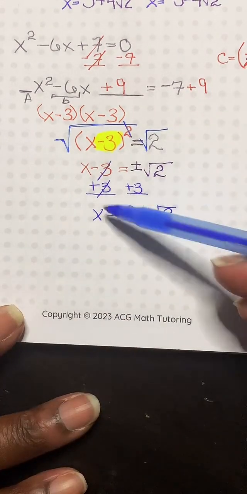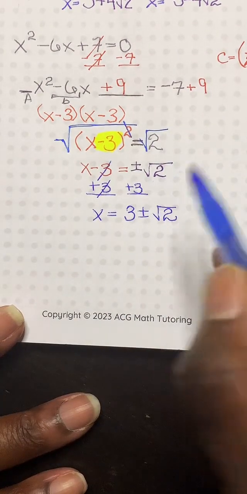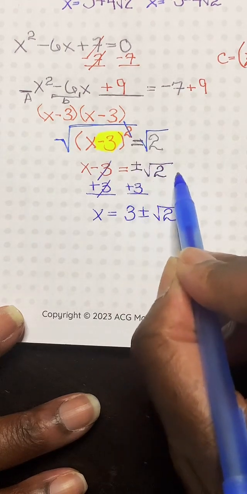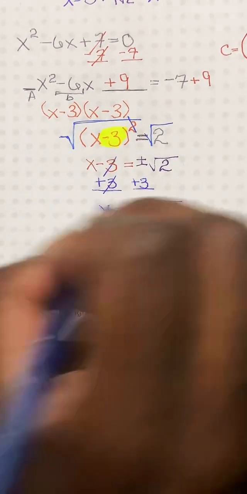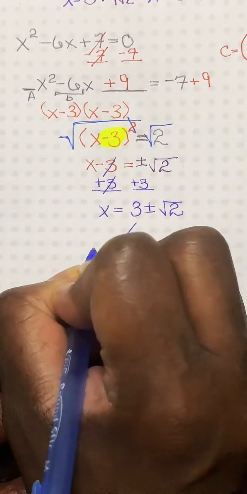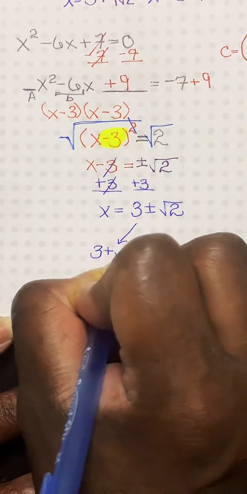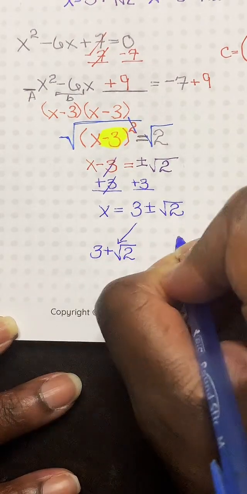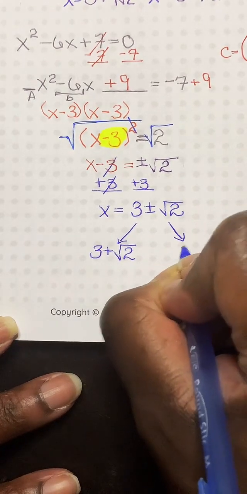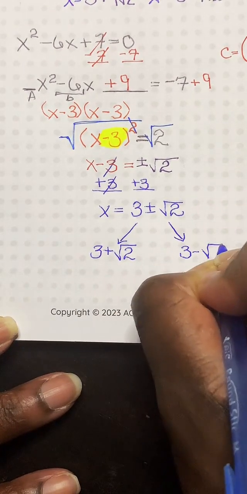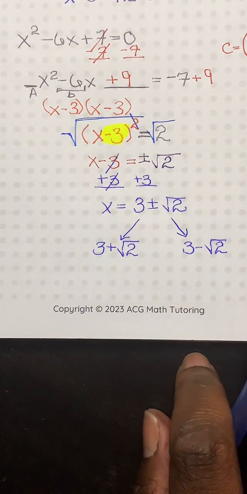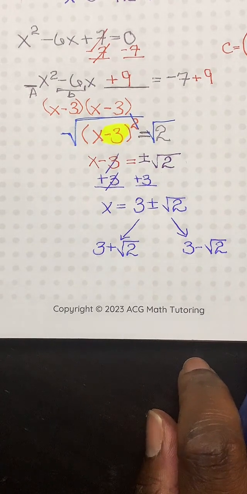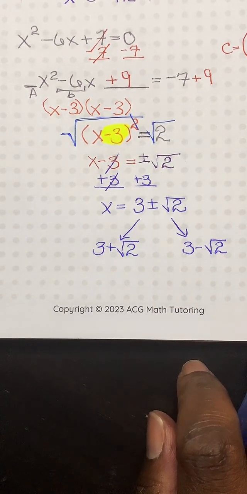So when you add the 3 on both sides, your 2 answers are really going to be 3 plus the square root of 2, and the other one is going to be 3 minus the square root of 2. Okay, so we got a pair of irrational numbers.